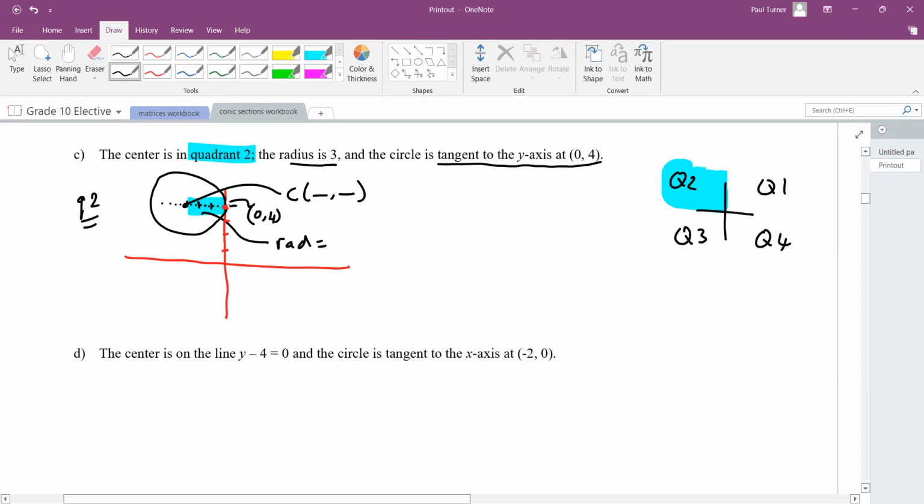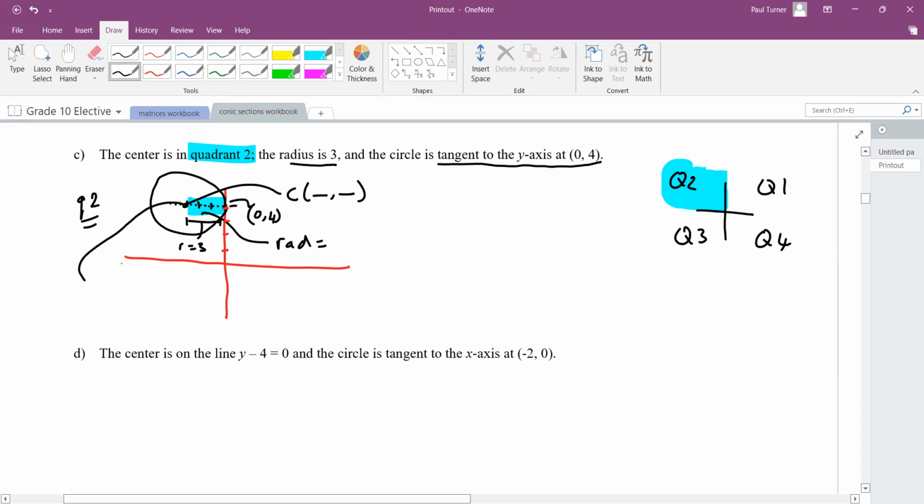So I marked 0, 4 here, and I made the circle tangent at that particular point. So the center must be across 3 units. In this case, the radius is going to be 3, isn't it? So given that information, we should be able to write the center down.